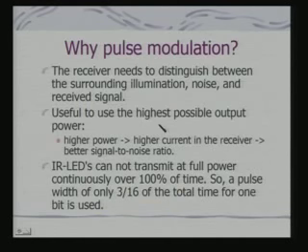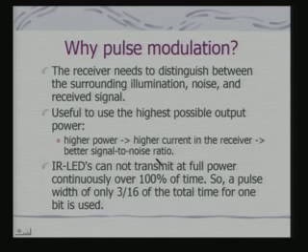Now, why pulse modulation? The basic requirement is that the receiver needs to distinguish between the surrounding illumination, noise, and the received signal. Therefore, for better detection capability, you would like to use the highest possible output power for the LEDs. Higher power implies higher current in the receiver, because as you get infrared, the transistor starts conducting, so you have a higher current flow, and that implies a better signal to noise ratio.